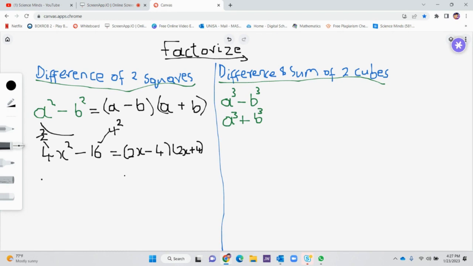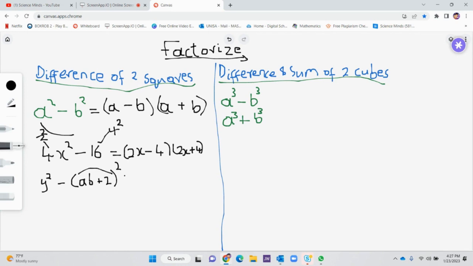What if I have y squared minus (ab plus 2) squared? Is this still a difference of two squares? Of course, because the y is raised to 2 and the whole bracket ab plus 2 is raised to 2.